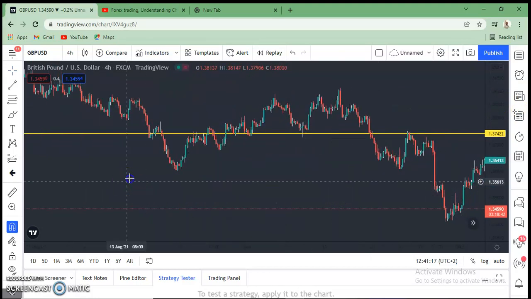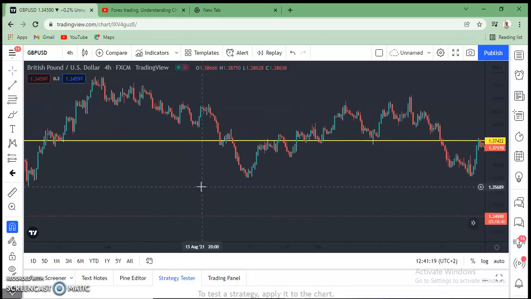When the market broke here previously, it retested and it went up, came back to that line here, went up again.